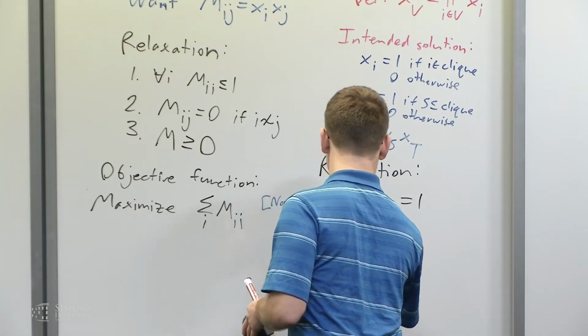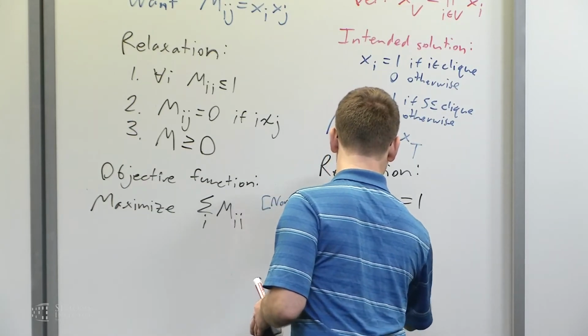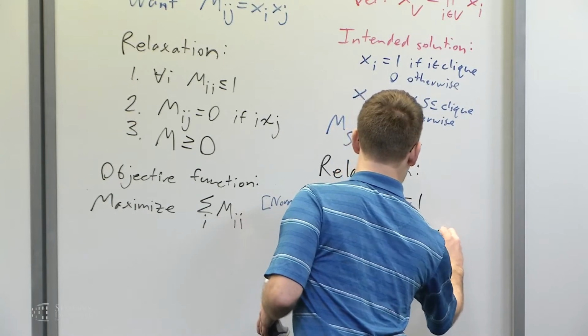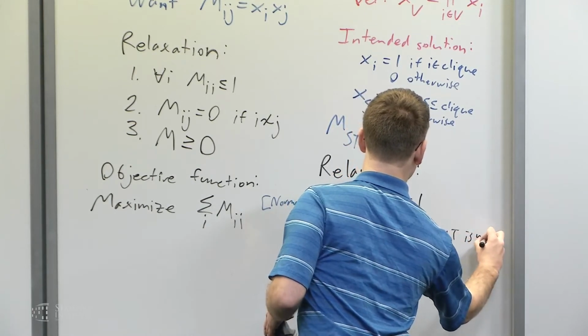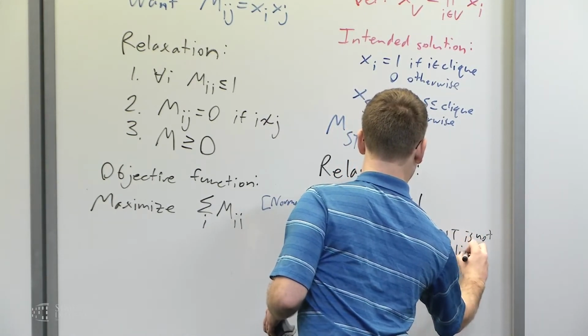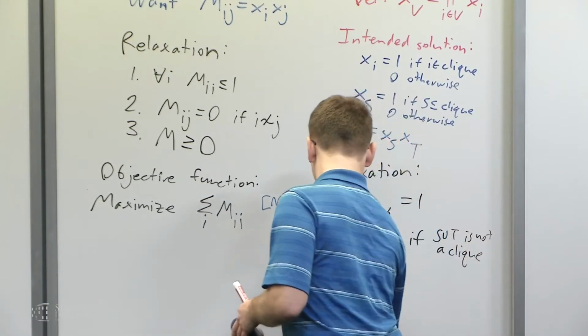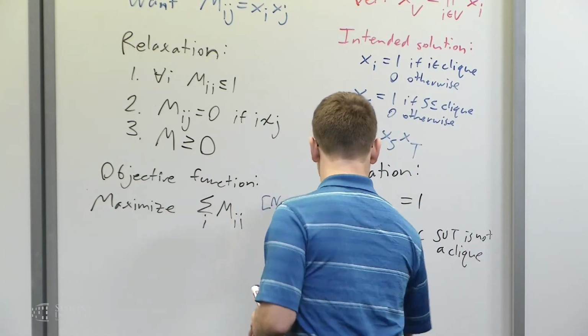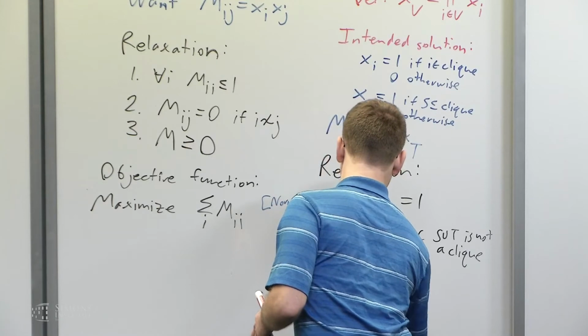We better have that MST is 0 if S union T is not a clique. We'll have a bunch of symmetry constraints.